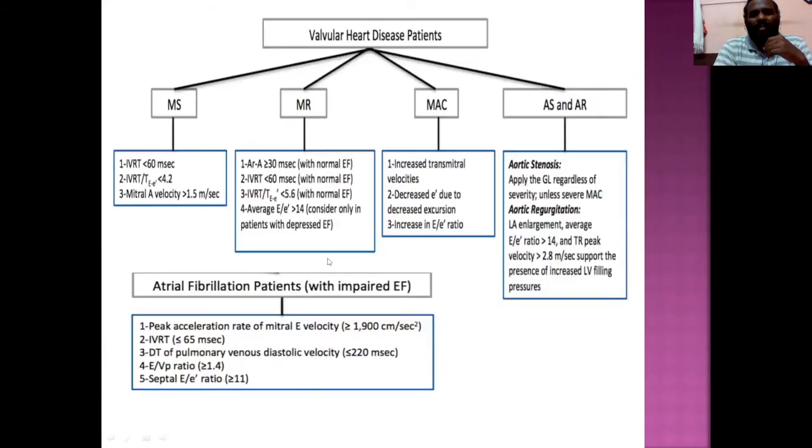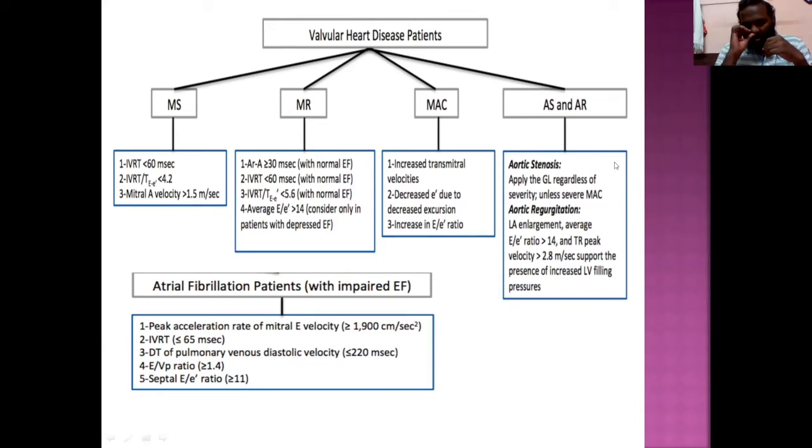So what happens in case of patients with valvular heart disease? In mitral valvular lesions like MS or MR, the E by A velocity becomes invalid in severe cases. So what findings can we use? Like in stenosis, we can use the isovolumetric relaxation time as a ratio of IVRT to the time difference between the E velocity and the E prime velocity. Similarly, in mitral regurgitation, we go by the isovolumetric relaxation time and the ratio of IVRT to TE minus E prime.